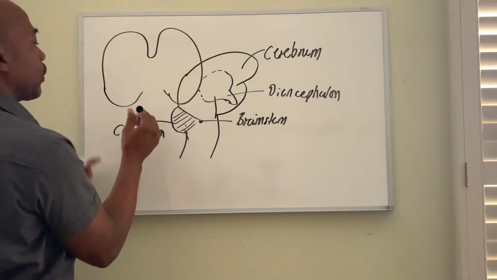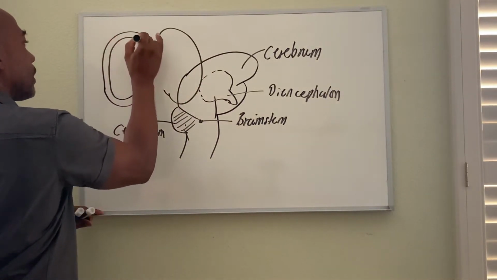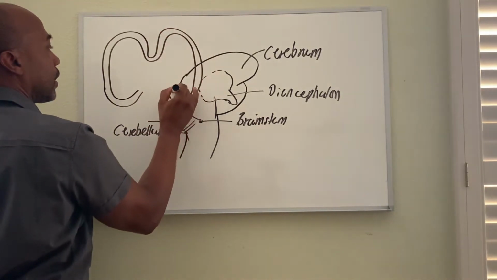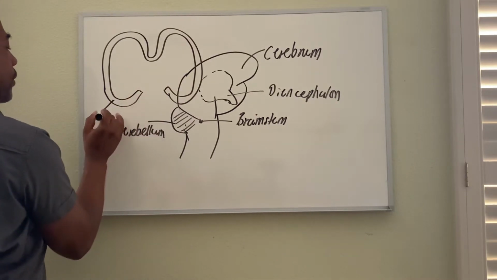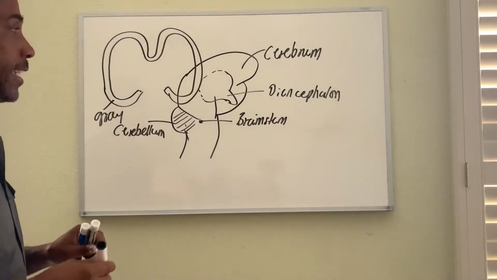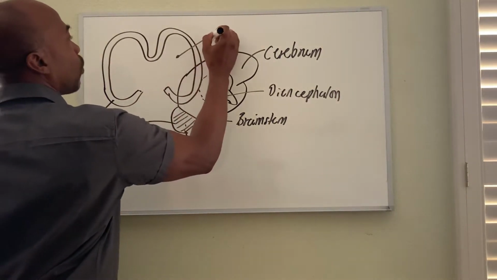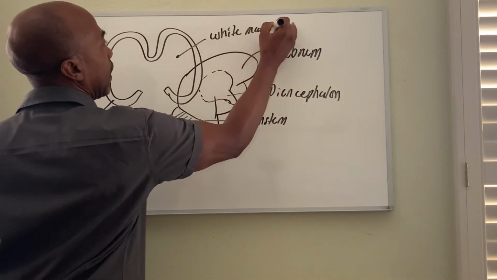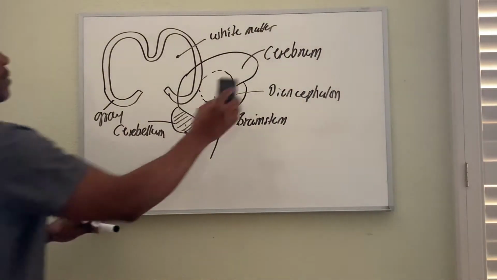We have two halves to it, and so the outer part of the brain, that outer part of the brain is called gray matter because it's darker stained, and the interior part here is what we call white matter.